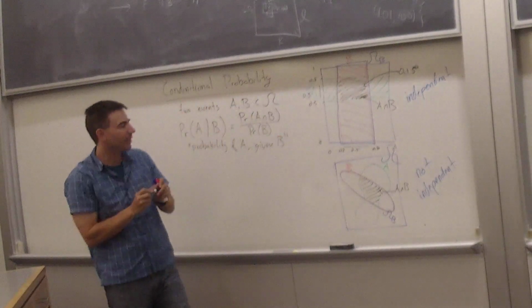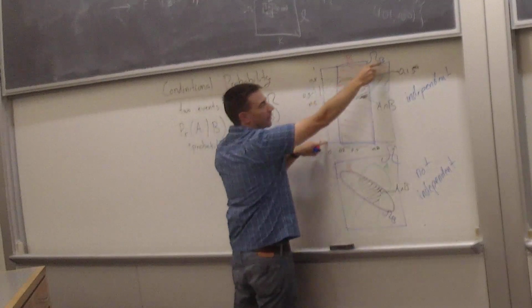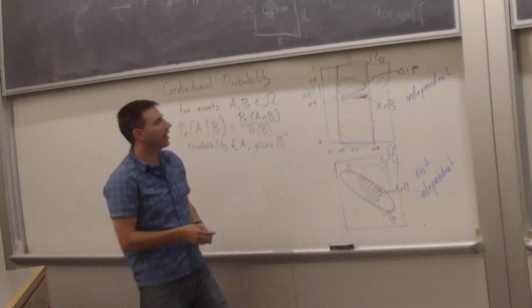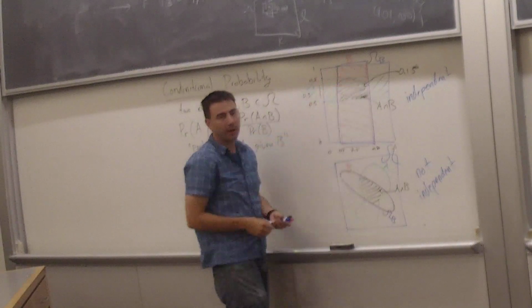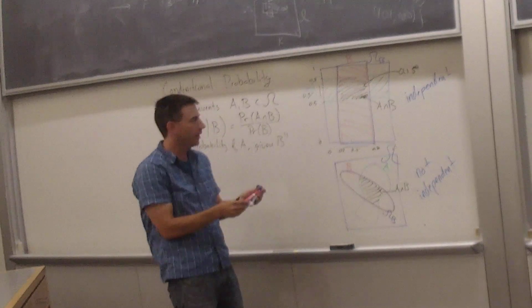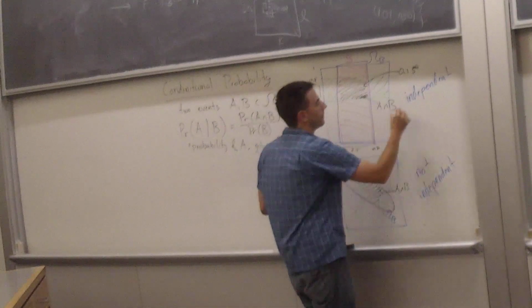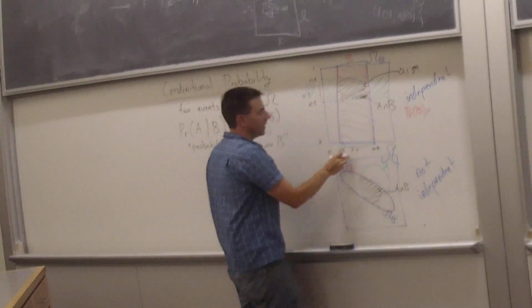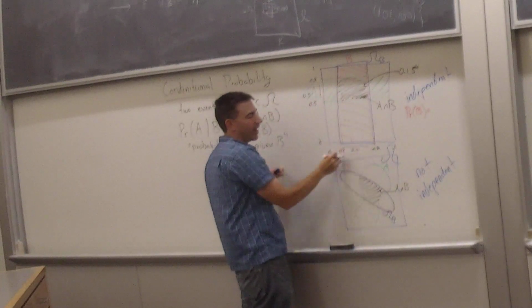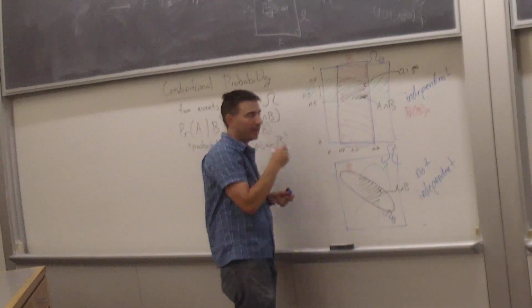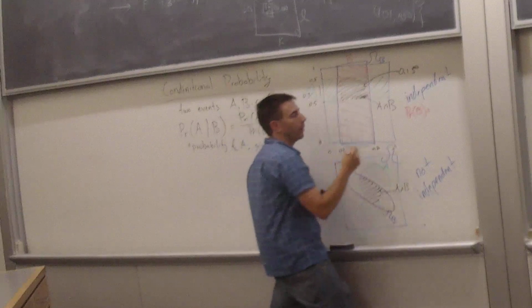You can verify that the area of the whole box is 1 by 1, so the area is 1. I can write down the probability of the event B here. The probability of B is the probability that the x value falls between 0.2 and 0.7. It doesn't matter what the y value is.